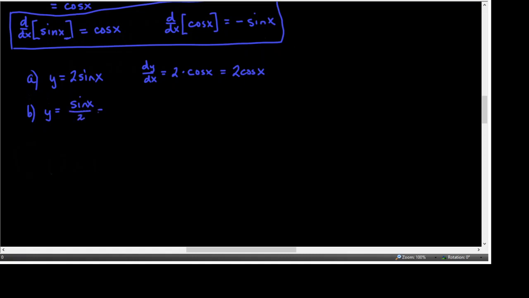I would rewrite this just like I would if this were x over 2. I would rewrite this as the constant 1/2 times the sine of x. So we can use that constant multiple of a function rule. The derivative of a constant times something is that constant, so 1/2 times the derivative of that function behind it, which is cosine x.